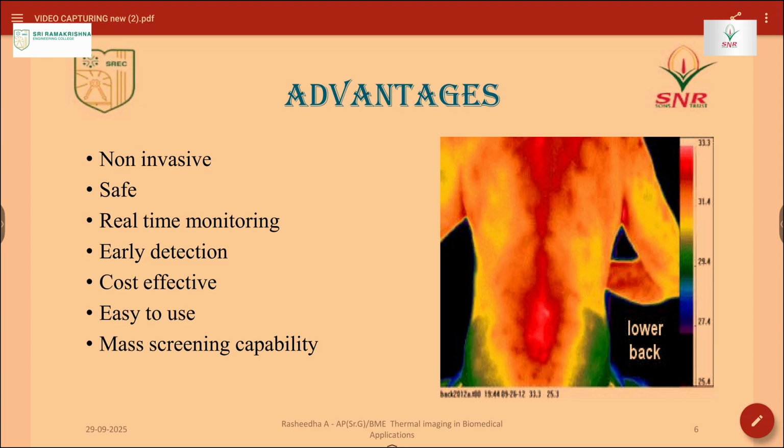And in mass screening capability, yes, it has been used for screening fever, and in COVID times the use of thermal imaging was a wonderful application, because for COVID-19 you should not have any kind of physical contact, but you want to screen whether the subject has COVID-19 or not.